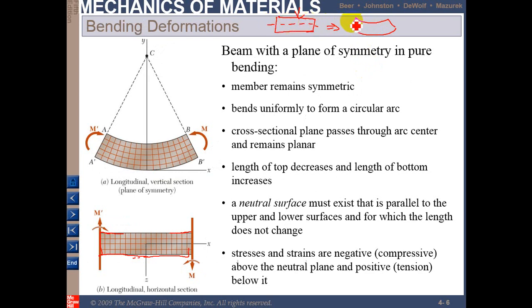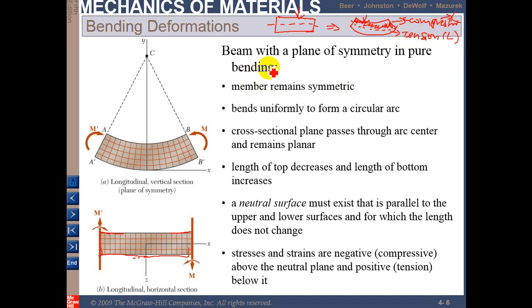So the top part, above the neutral axis, experiences compression. The length will be decreasing, and below it will experience tension, where the length will be increasing.